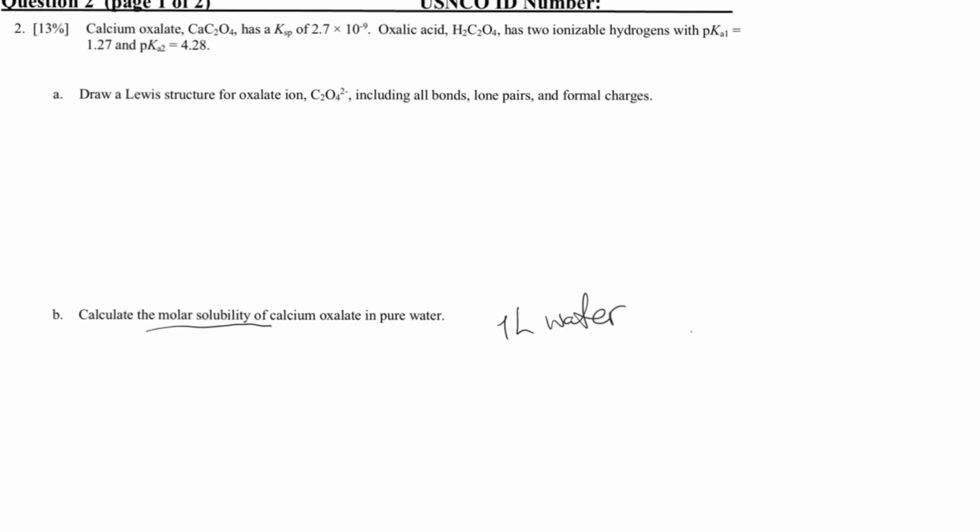Our goal is to find how many moles of calcium oxalate can dissolve per liter of water at equilibrium. Calcium oxalate is a sparingly soluble salt, which means it doesn't fully dissolve in water, and instead establishes an equilibrium between the solid and its dissolved ions.